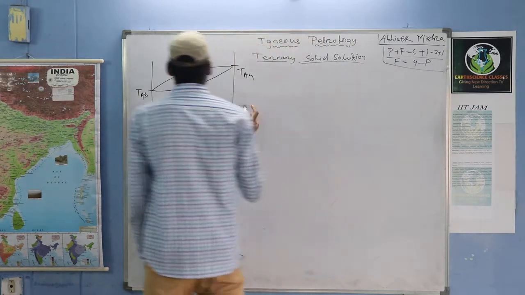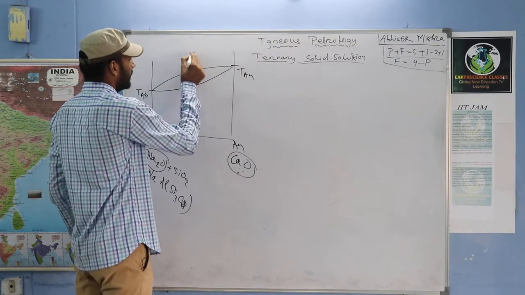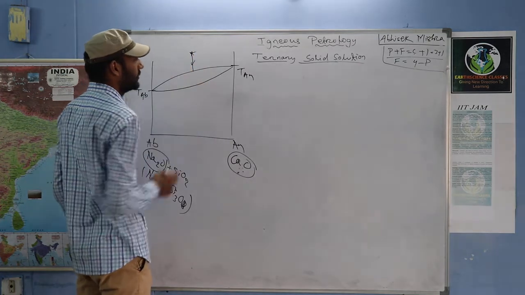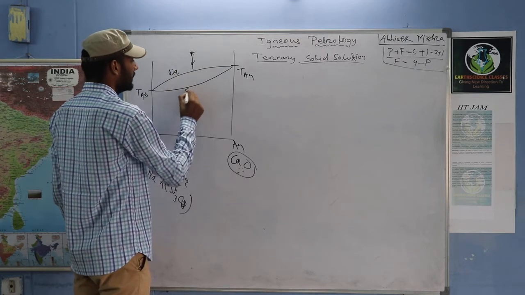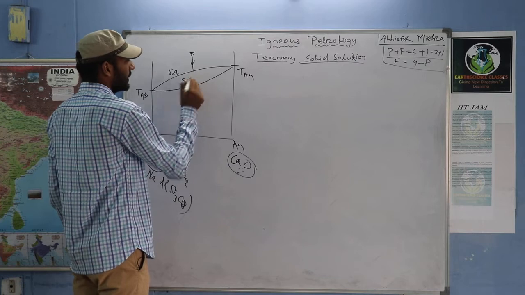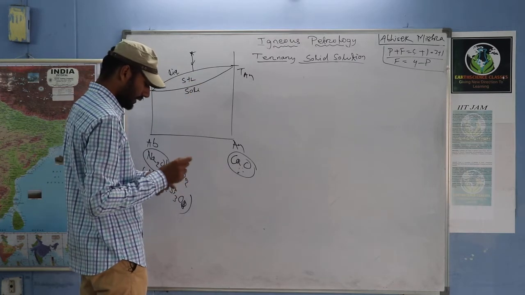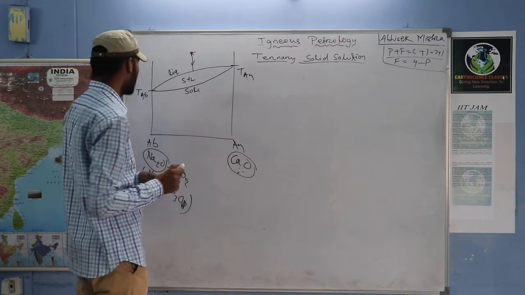When you take any composition here, what will happen? It will move downward. This is your liquidus, this is your solidus. Now this is solid plus liquid, right? This is the initial composition, now you are decreasing the temperature.